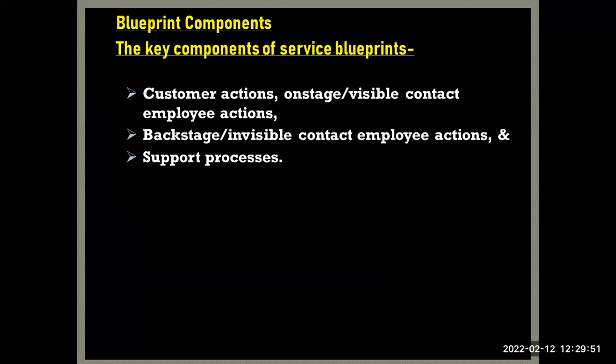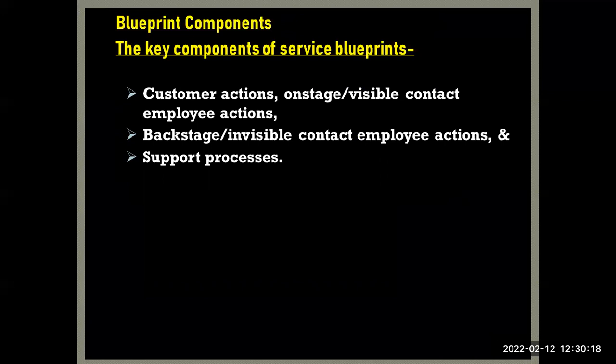So, what are the blueprint components? As we have already seen in the example of that particular hotel stay, there are customer actions, there are employee actions, some activities happening on stage, and some happening at the backstage. Some activities are visible, with some tasks performed by the customer and some by the employee.